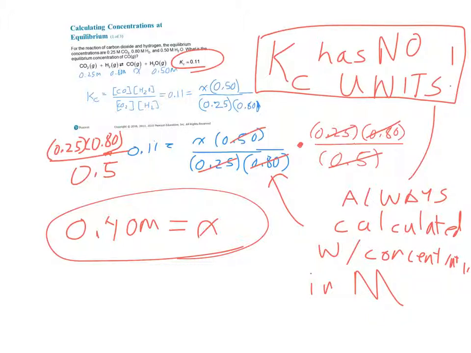So the numbers that go into it have units of molarity. The numbers that come out of it will also have units of molarity, but the Kc itself doesn't have any units. That's the reason I had m's there, and then that disappeared, and then the big M's dropped back in, because it's for molarity.